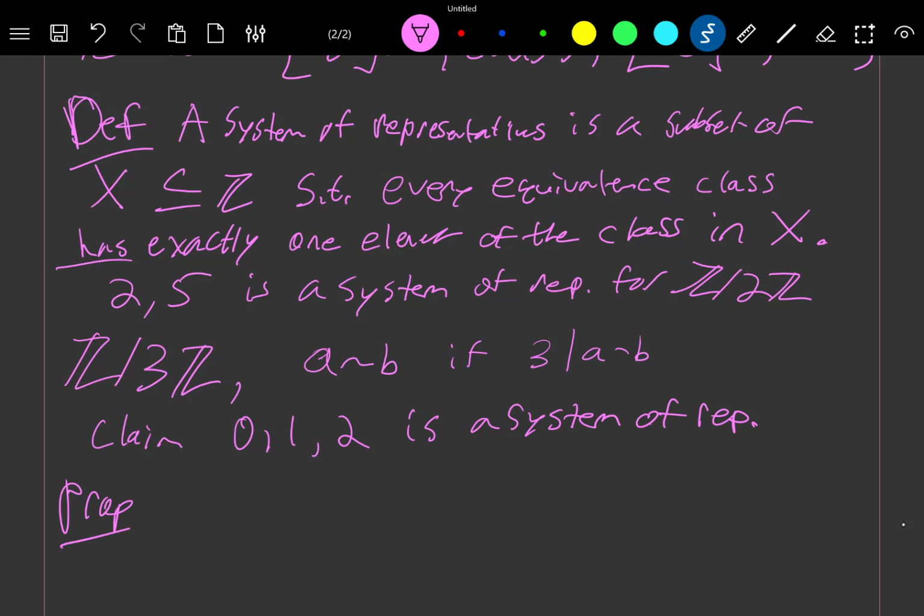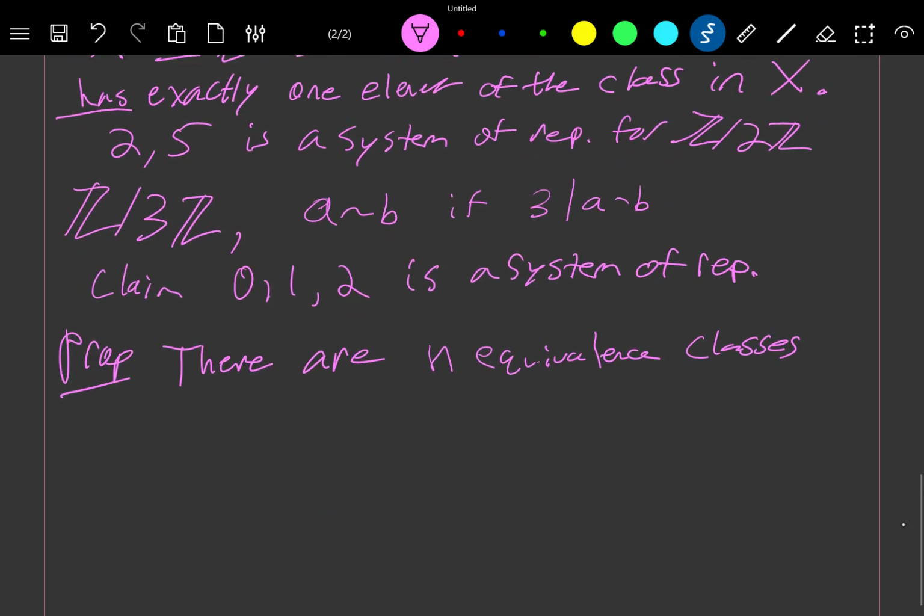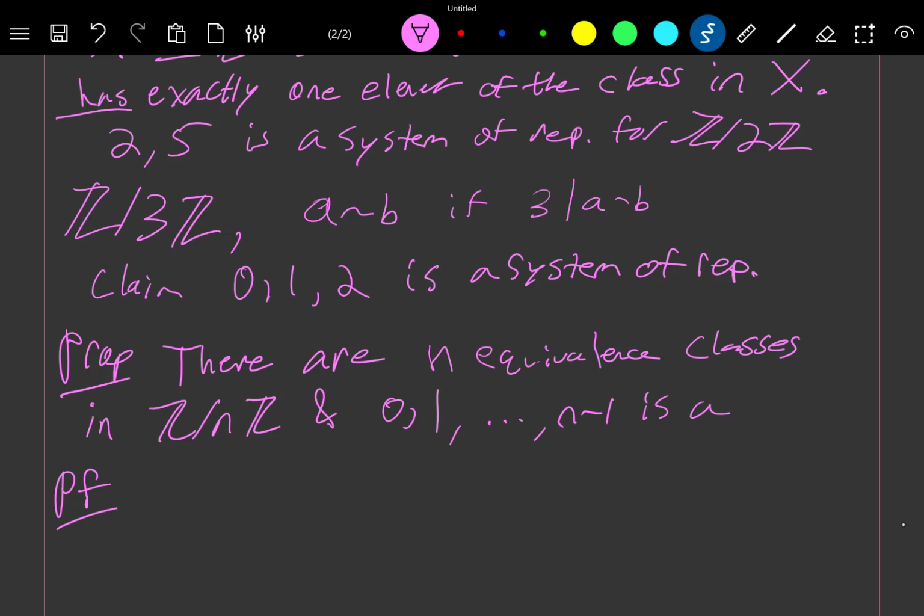So there are n equivalence classes in Z mod nZ, and 0, 1 to n minus 1 is a system of representatives.